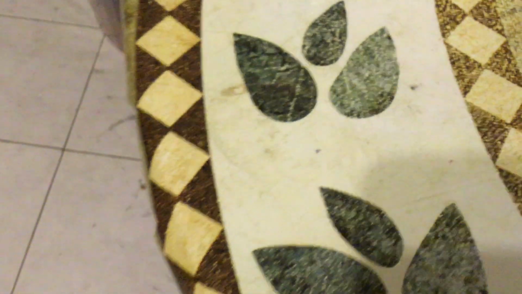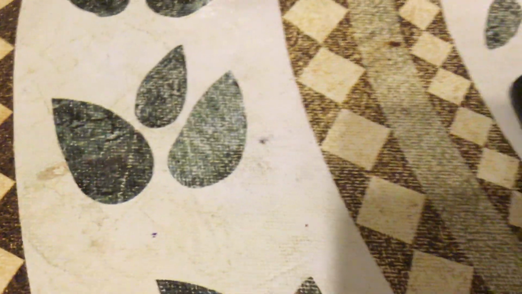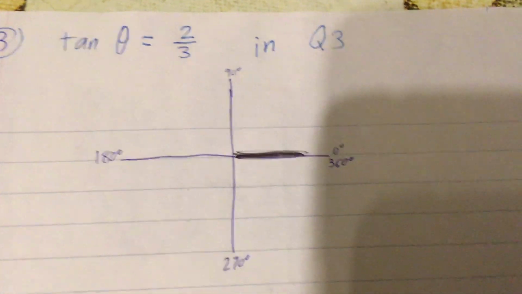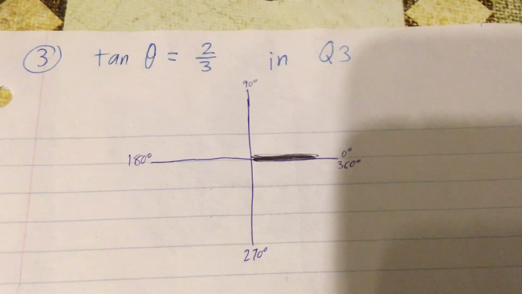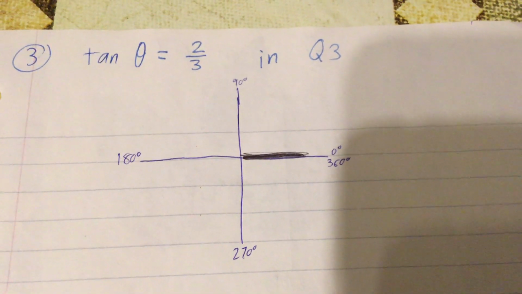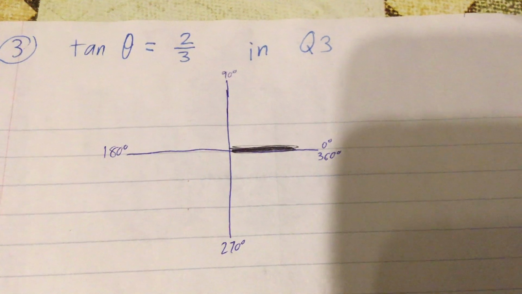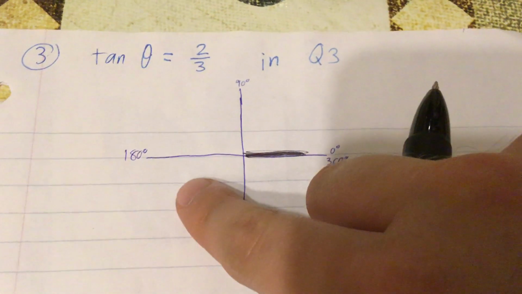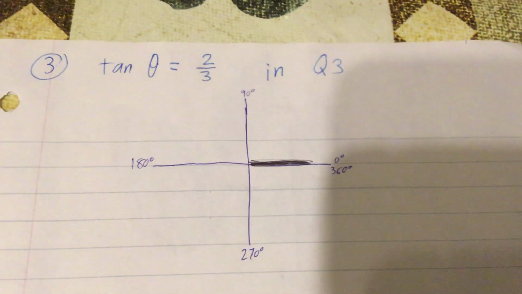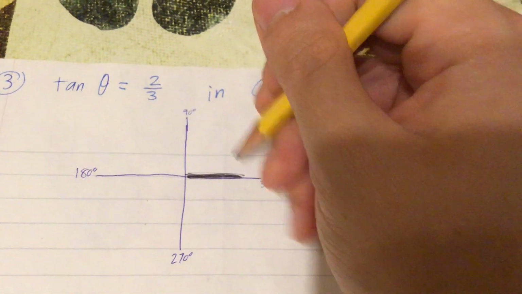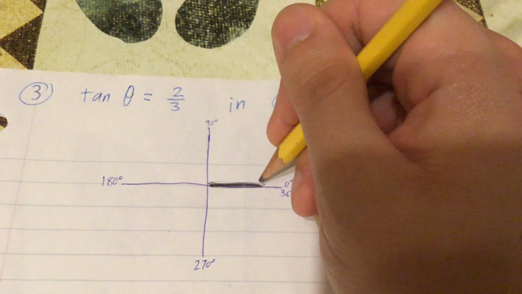Okay, problem number 3 now. The tangent of angle theta is equal to 2/3, but we're in quadrant 3. So if we're in quadrant 3, where is the angle going to be? Right there, bottom left of the XY. So if I were to start out here, I'm just going to draw an angle that goes past 180 but below 270.